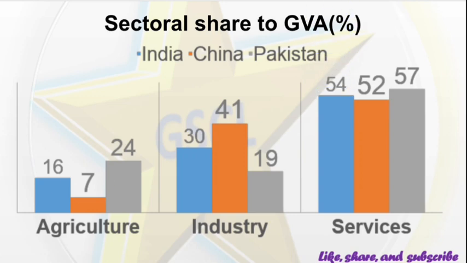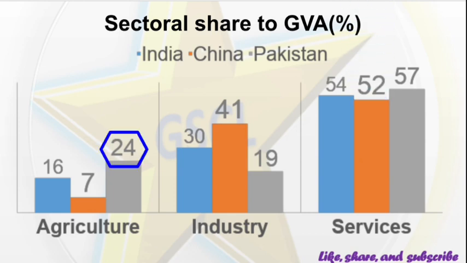In China, 7% contribution towards the gross value added was from the agriculture sector, 41% contribution from the industrial sector, and 52% contribution from the service sector.